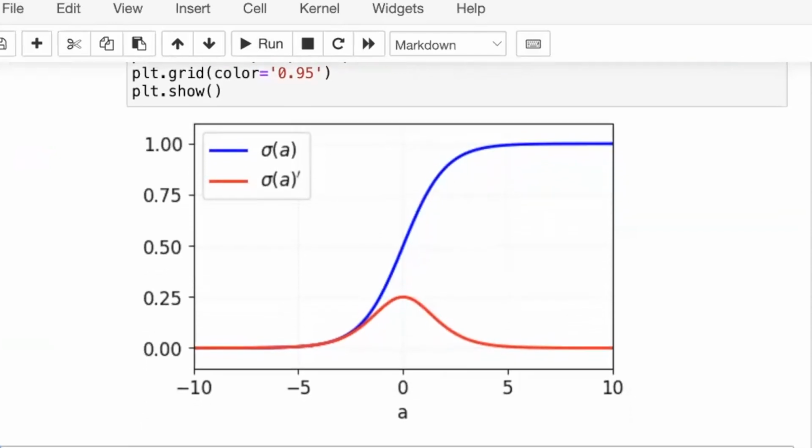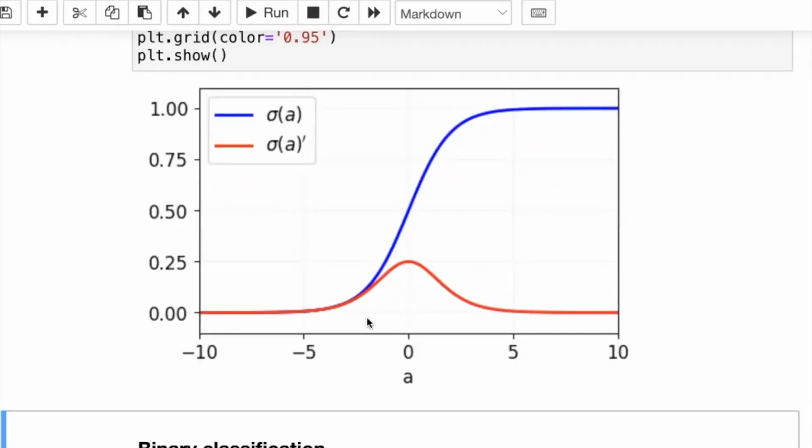So you can see that here we get the derivative plotted in red, and this makes sense because where we are, for example, at 10, you can see that the slope of the tangent line is almost 0, and that's what is shown here. And the same thing with negative 10, and you can see that the max derivative or the slope of the tangent line is actually at 0, which is 0.25.